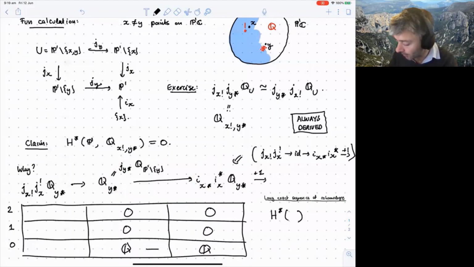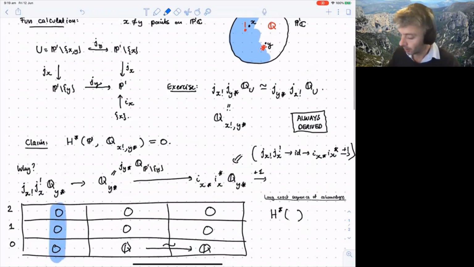And this map is an isomorphism because restriction of global sections from a constant sheaf to a skyscraper is surjective in degree 0. Okay. And so that says this is 0, 0, 0. Which is what we wanted to show.